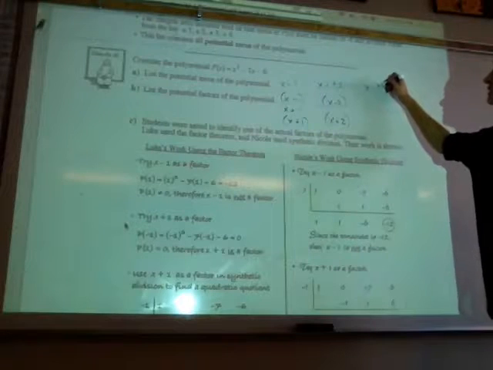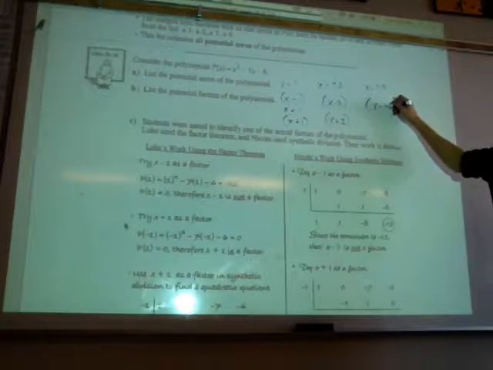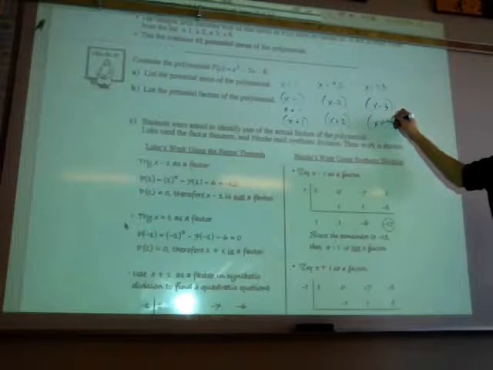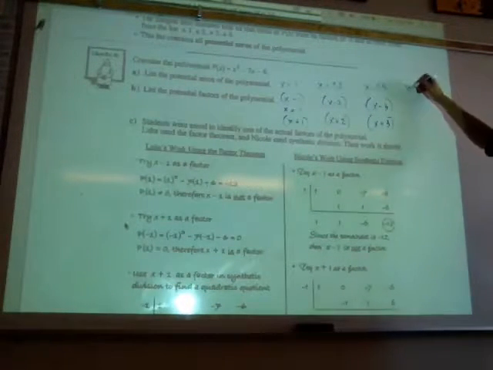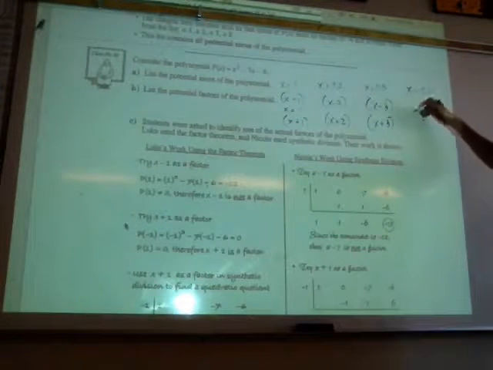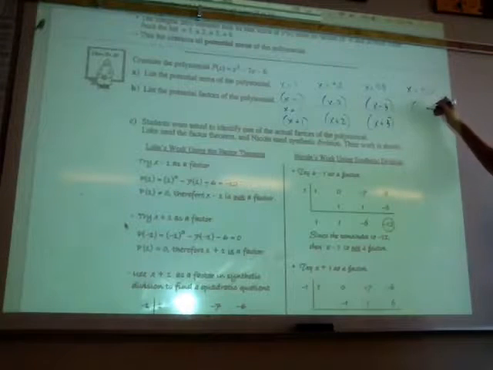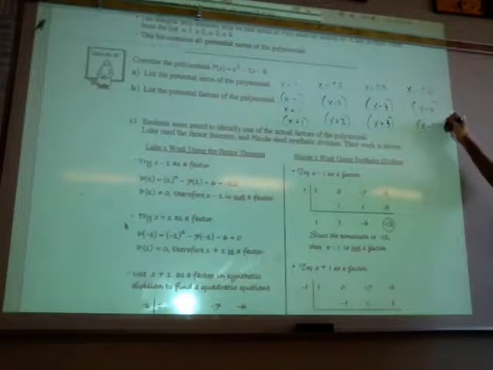Okay, for x equals plus or minus 3, we would have binomial x minus 3 or x plus 3. Lastly, if our potential zero is positive or negative 6, our potential factors would be x minus 6 or x plus 6.